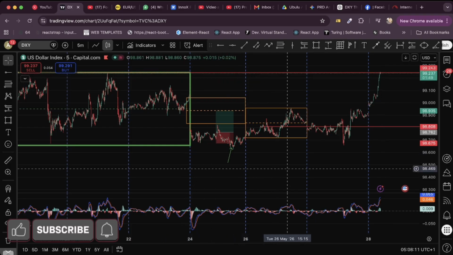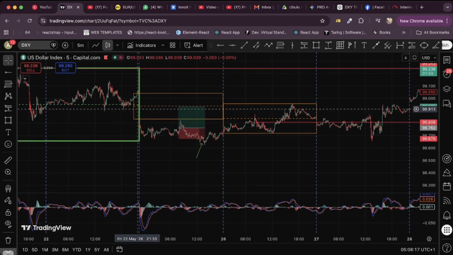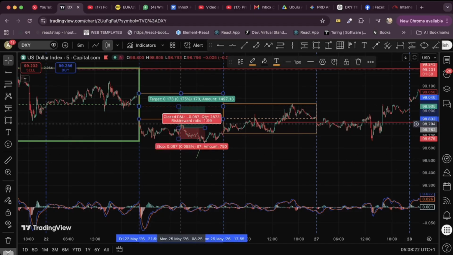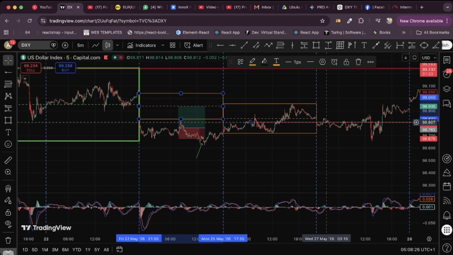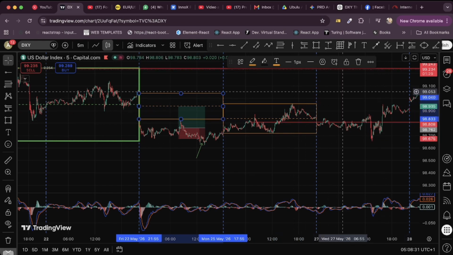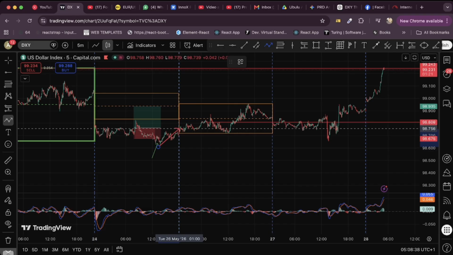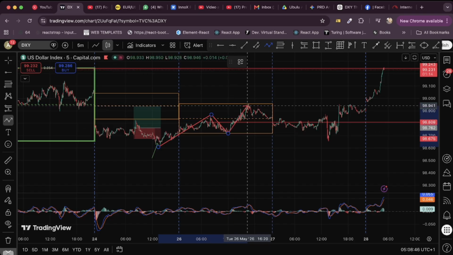I also pointed out we had an opening week gap at the time we started the week, and that once you see the move downwards, price would get to that gap, get rejected, then again price will find its way back up. And as you can see, this is what the price has done throughout the whole week. We saw price come up, came back down, then went into that gap.